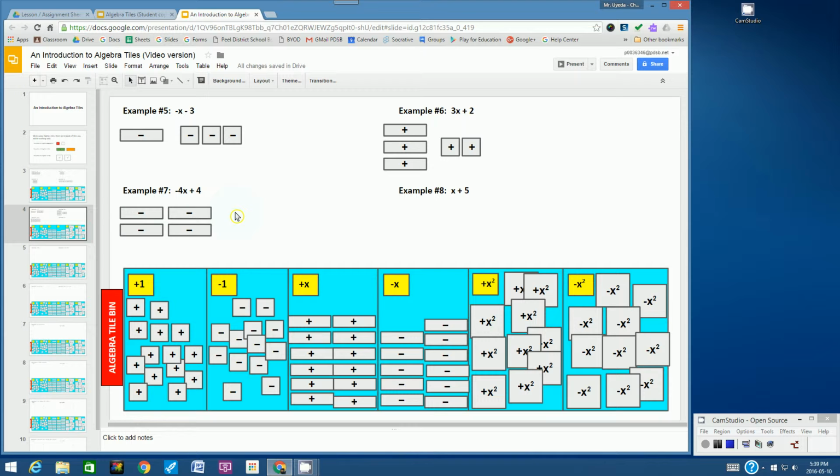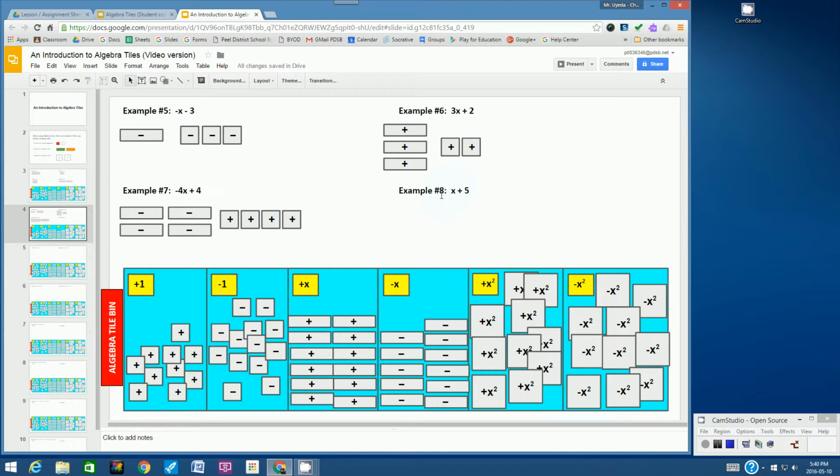You could have lined them up horizontally, or stacked them vertically. I put them in a 2 by 2 grid. And then what else is part of this algebraic expression? I have an integer, positive 4. So let's bring over 4 positive tiles. And there is my tile solution for negative 4x plus 4.